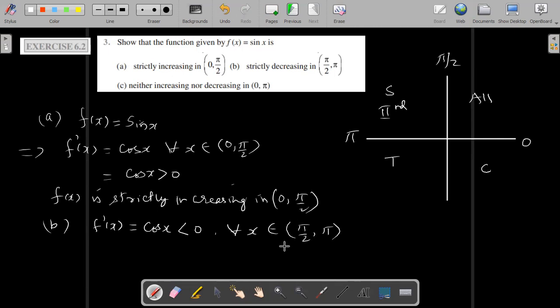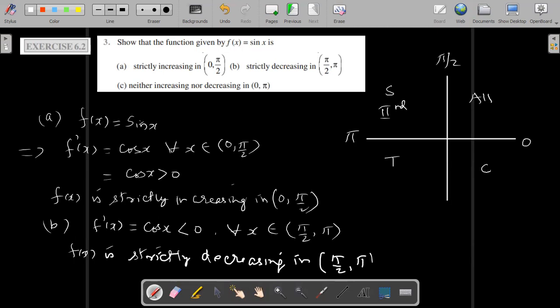So f dash x is less than 0, means it is strictly decreasing. So f(x) is strictly decreasing in the interval pi by 2 to pi.